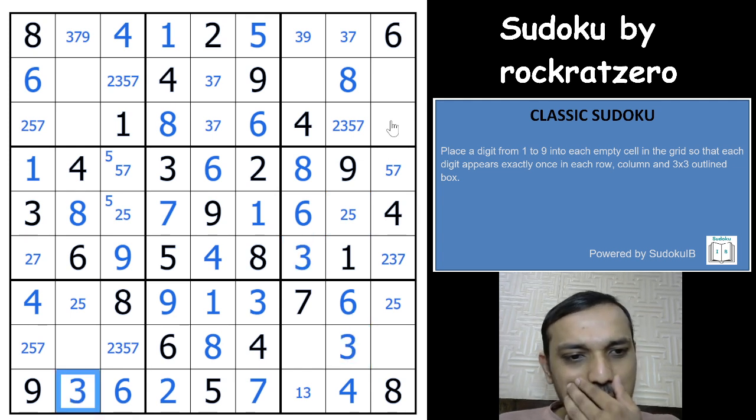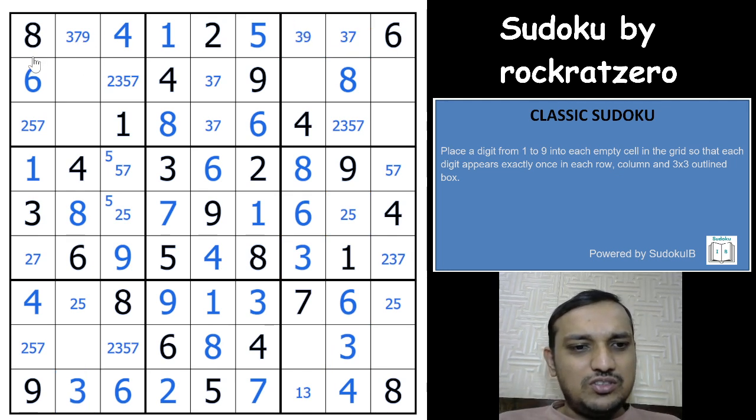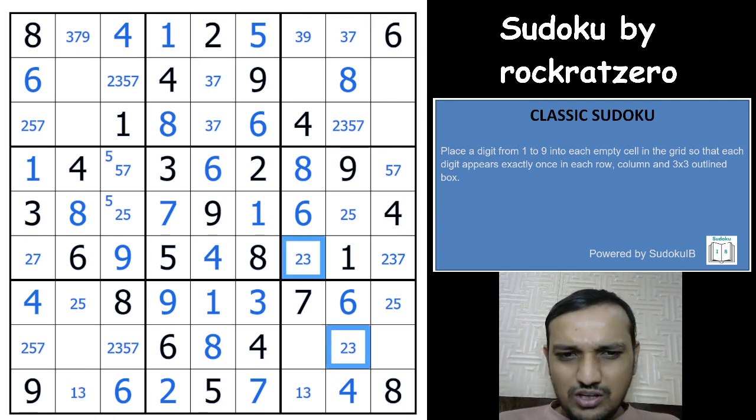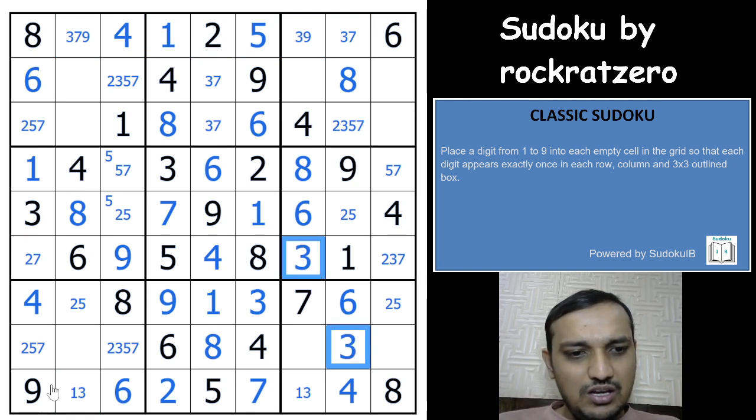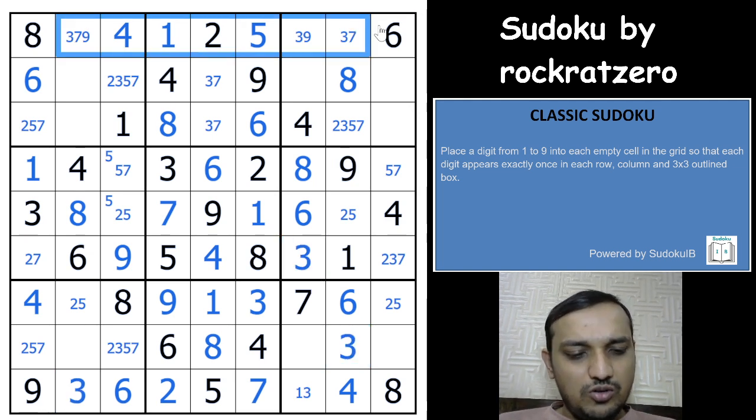This would have to be 3, right? Now 3 would have to be in one of these two cells in this row, and since both of these are 3, after getting these 3s, there is no 3 in row 1. This is still quite simple. If both of these are 3, this is a 3 and there is no 3 in row 1.